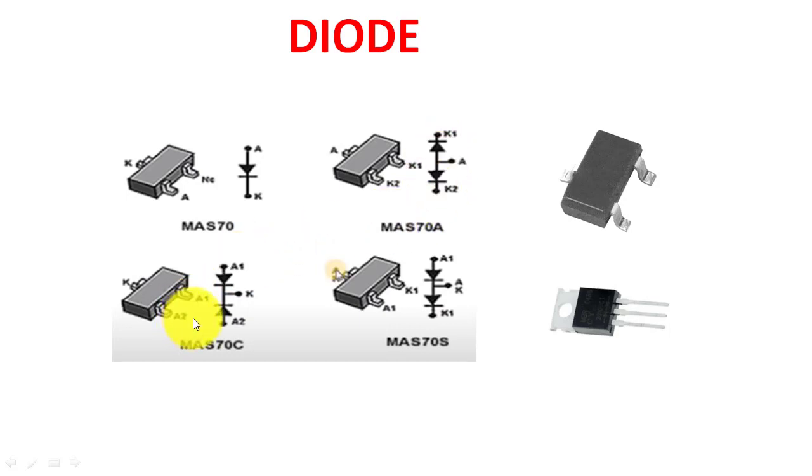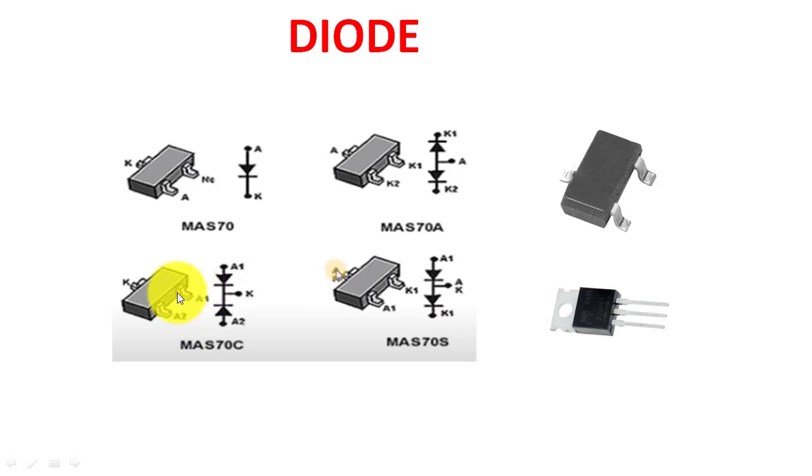Then we can see there is another way of use, where the upper pin will be the cathode, and the other two pins will be anode, okay.